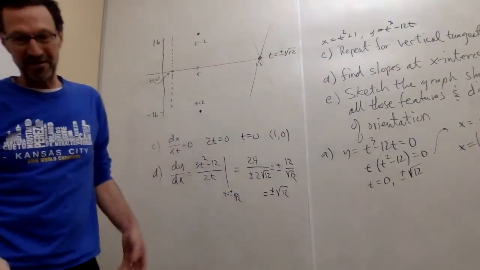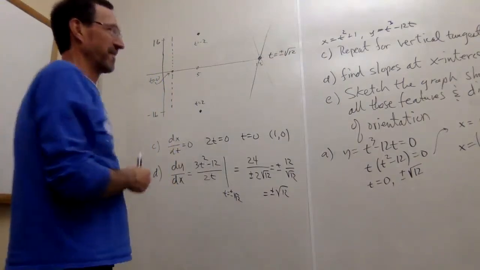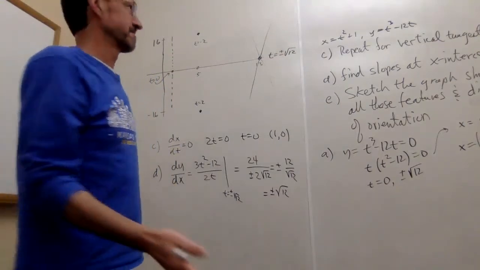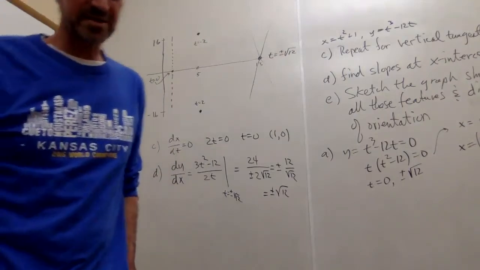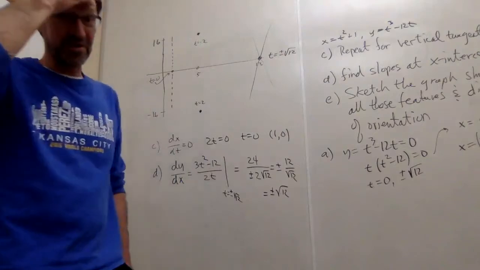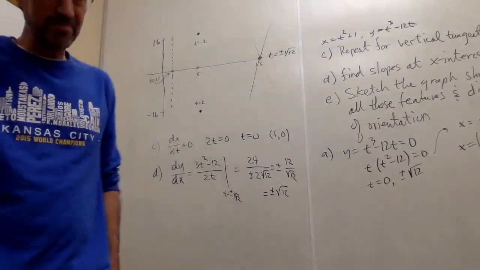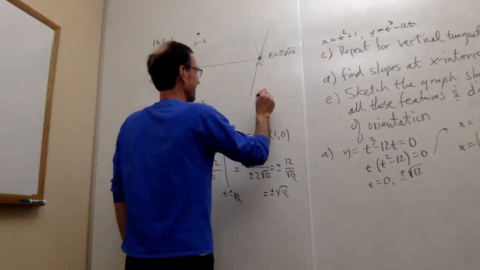Okay, now I think we have enough information to draw the curve. We found all the x-intercepts. We found all of the points where the slope is horizontal. We found all of the points where the slope is vertical. And so we can be pretty confident. See how well I can draw this.